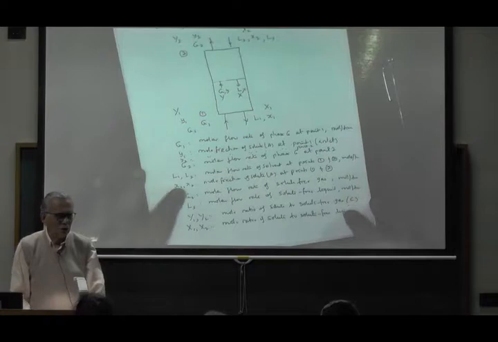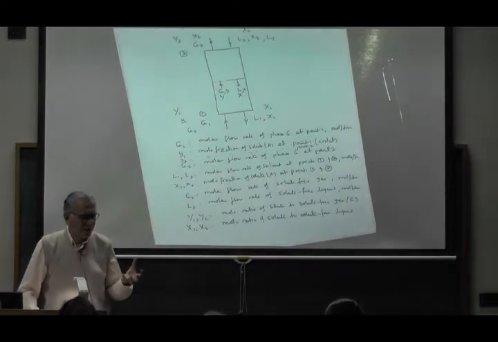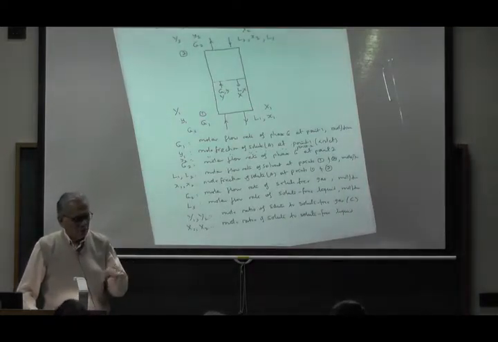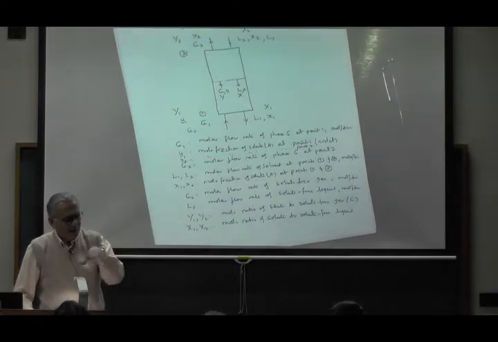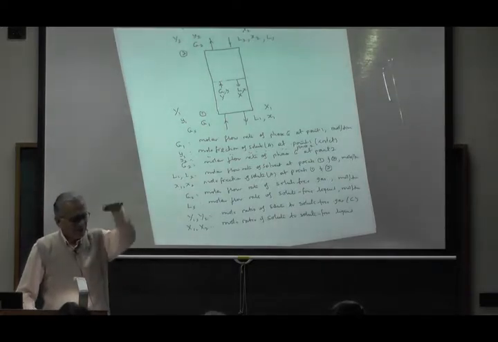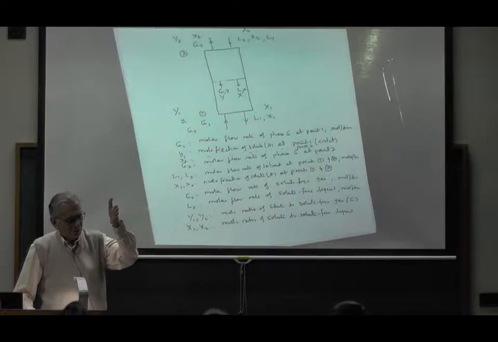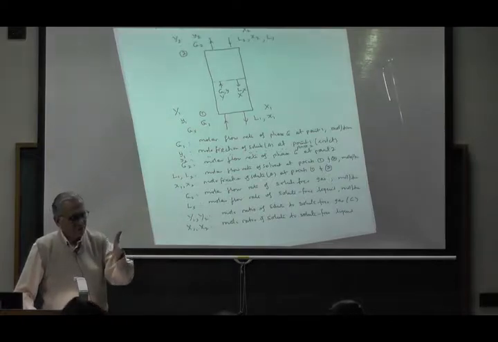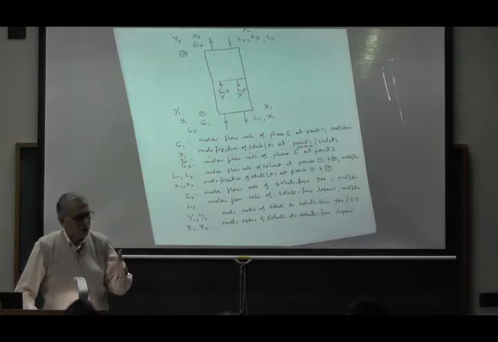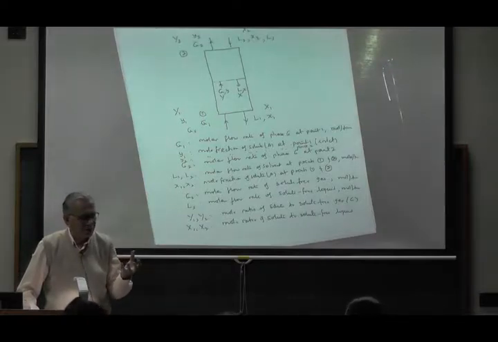I'll give you an example. Air is there and ammonia is there. Ammonia is going to the water, but the air part is the same in the gas. That is GS, but its concentration will decrease. Air is not being absorbed, that is what we are assuming.